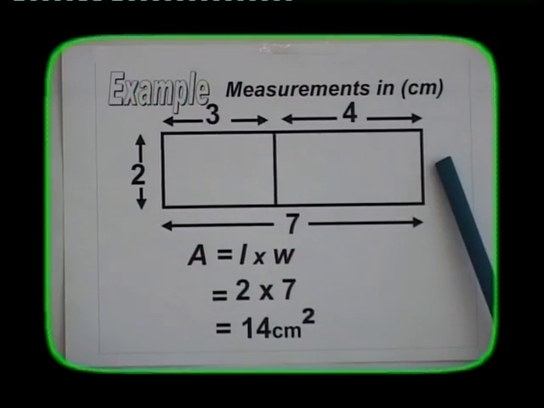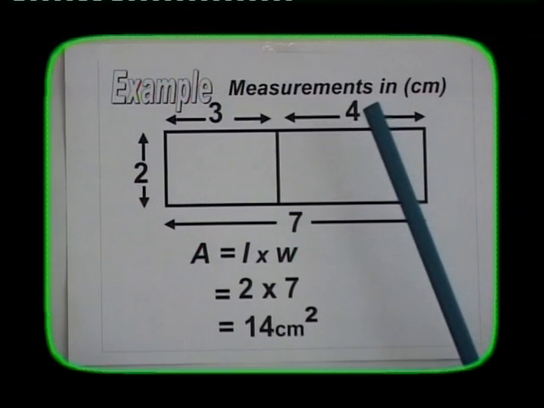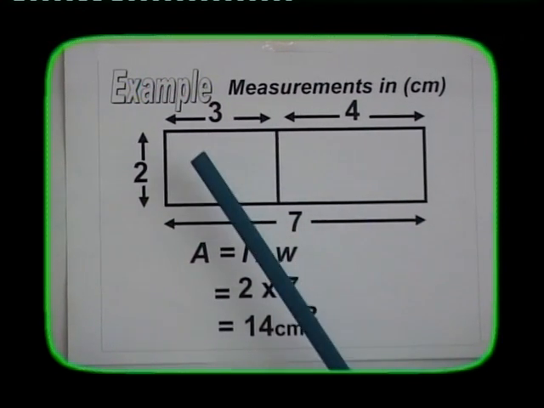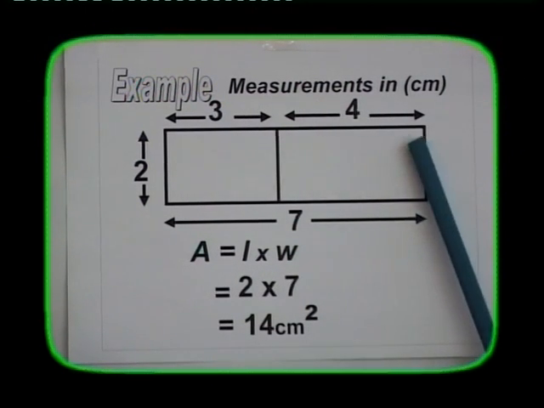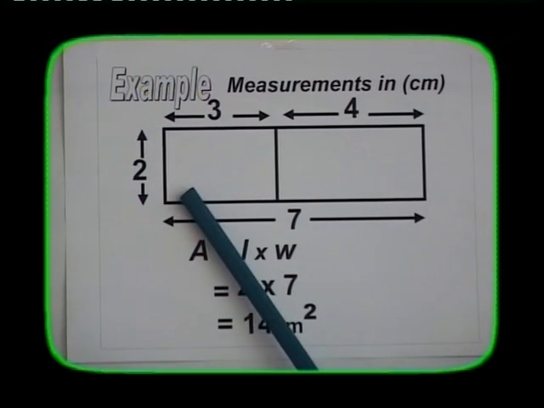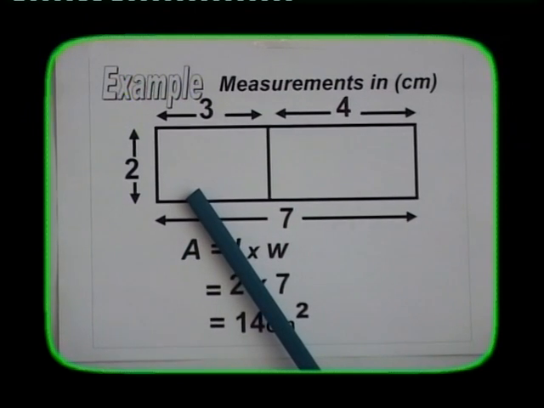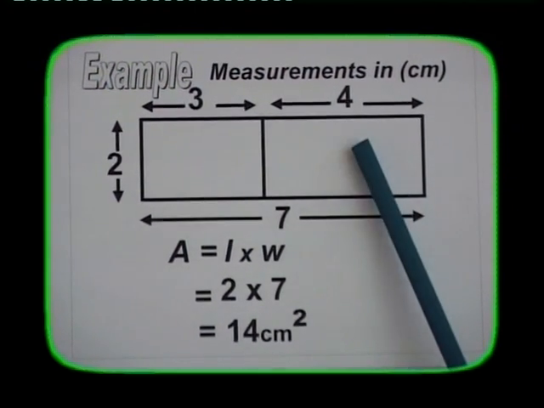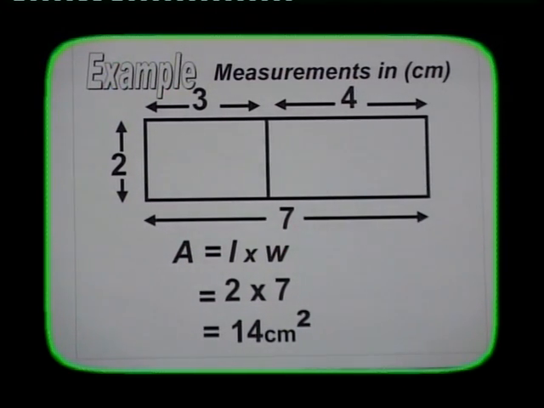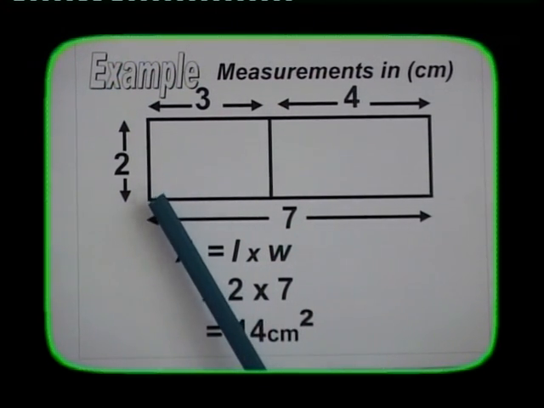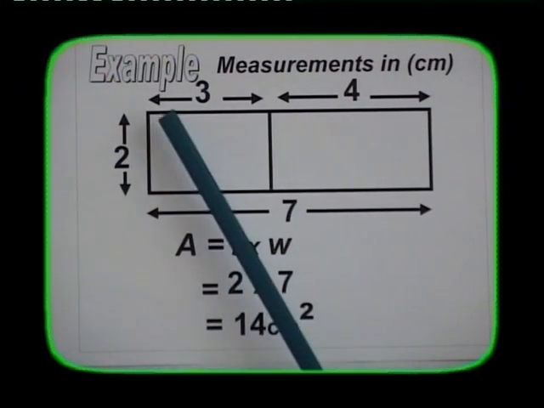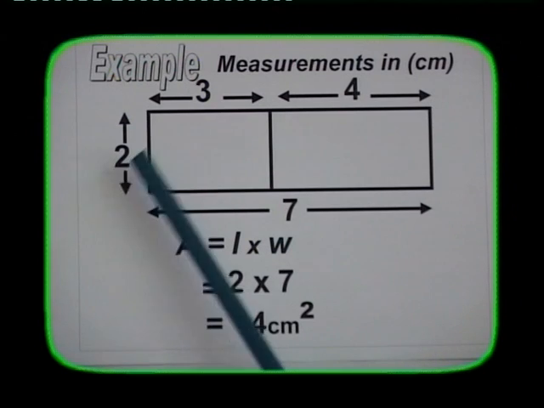Okay, let's have a look at this example here. All the measurements are given in centimeters. I've given a shape looking like what I have here, a rectangular shape. The shape is being divided into two parts. As you can see, the width, or we can say the length, from here to here the measurement is 2 centimeters.